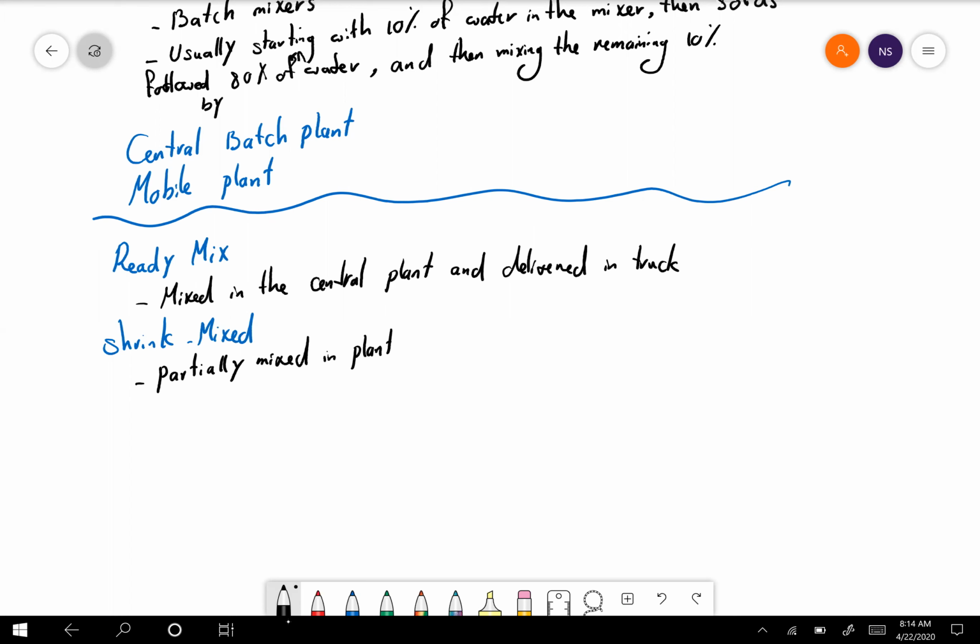And then delivered in a mixer truck. Now, this type of truck is rotating at a pace of 4 to 16 rounds per minute.